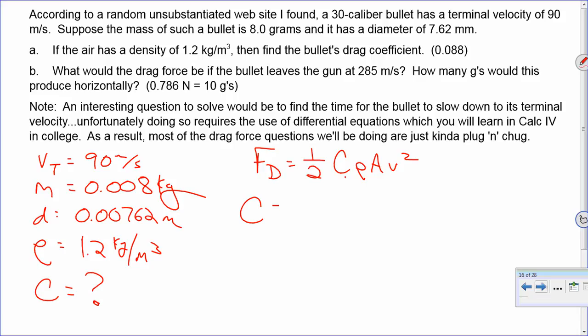So C is going to be 2 F_D divided by A v squared, right? Wow.